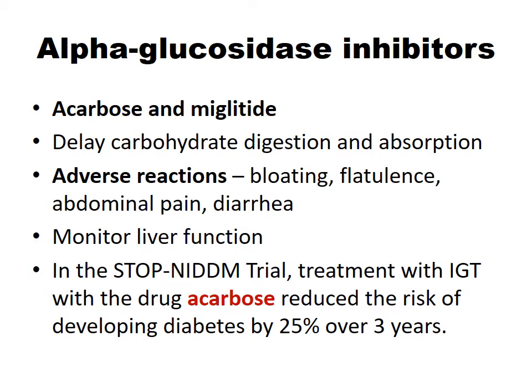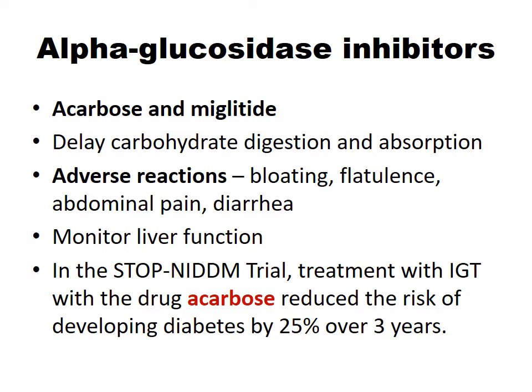Alpha-glucosidase inhibitors include acarbose and miglitol. These drugs delay carbohydrate digestion and absorption in the GIT. Adverse effects mainly bloating, flatulence, abdominal pain, and diarrhea. Monitor the liver function during treatment.